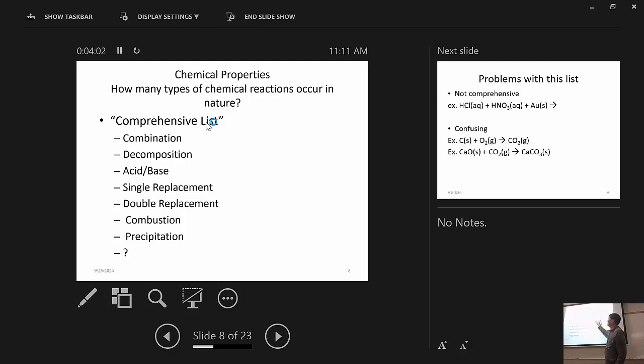So jumping through those slides here, we're just going to go here. How many different types of chemical properties are there? I think in Chem 4 we had combination, decomposition, acid-base, single replacement, double replacement, combustion, precipitation, acid-base neutralization. Remember all those? And then they had you memorize metal oxide plus water, metal oxide plus compound, this plus that.